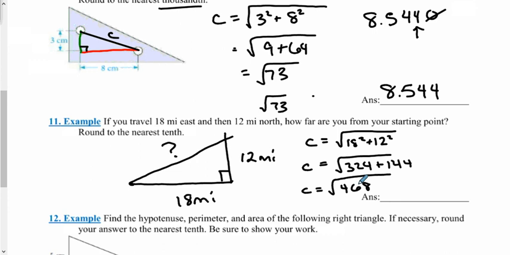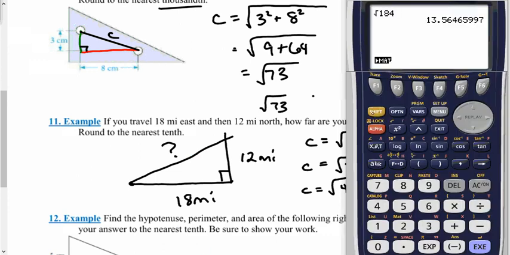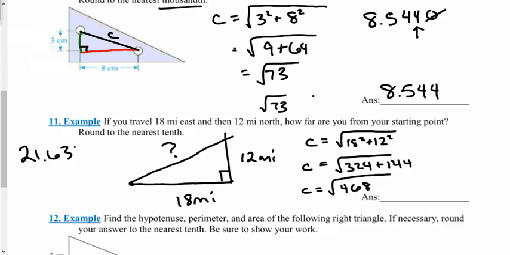And then we'll need to go ahead and check that in the calculator, and we'll do the square root of 468. I get 21.633, and notice this time it says to the nearest tenth.